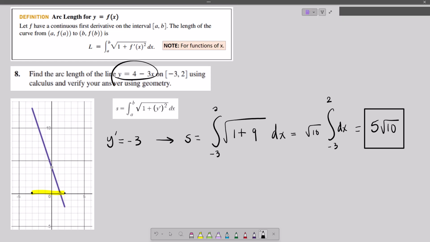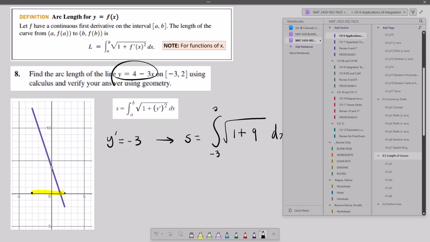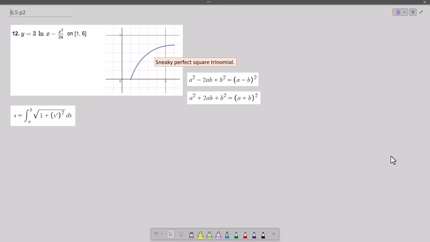All right, let's try another one. So, get ready for some more algebra. So let's review a little bit of intermediate algebra. These two formulas look familiar to you?